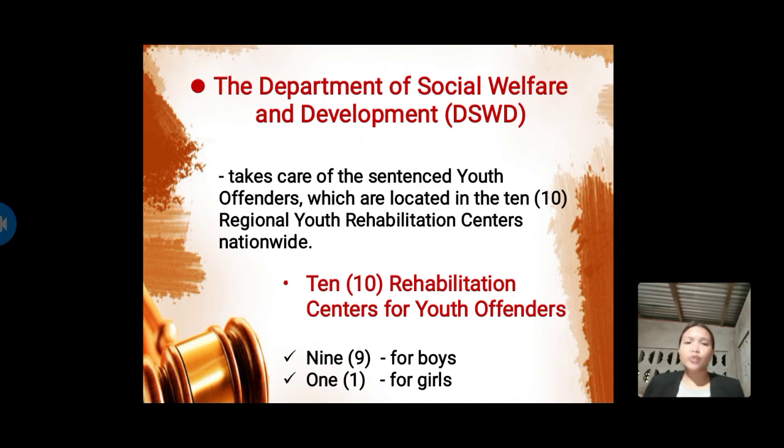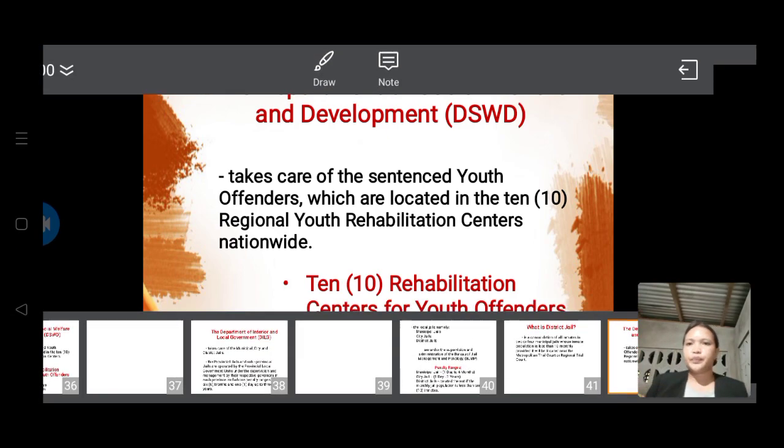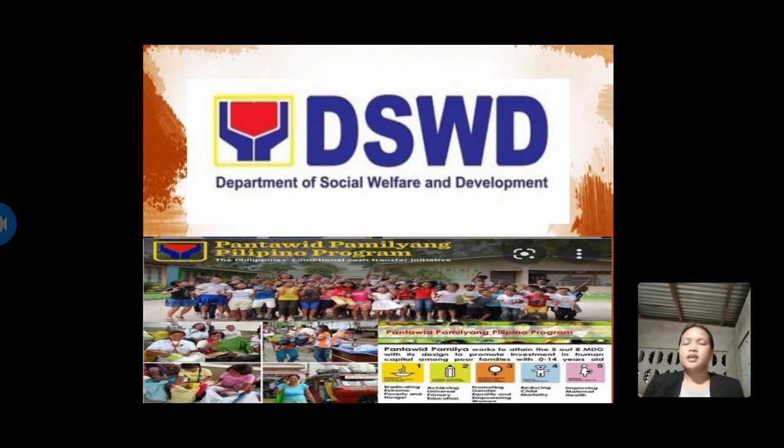So we all know that the DSWD is the department where youth offenders are put, as well as youth children who don't have any homes. They are put in that kind of facility or the DSWD center. So this is the DSWD example. They help youth offenders.